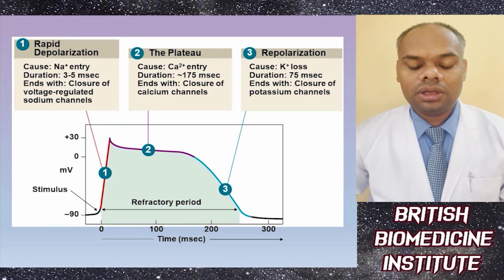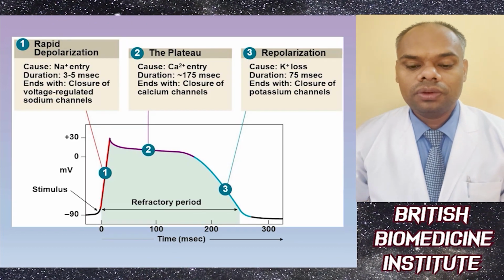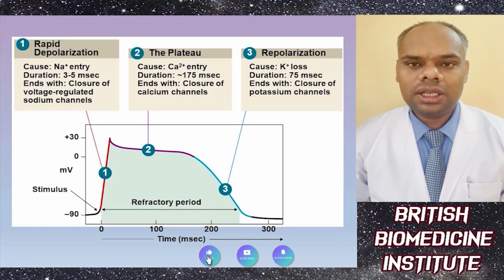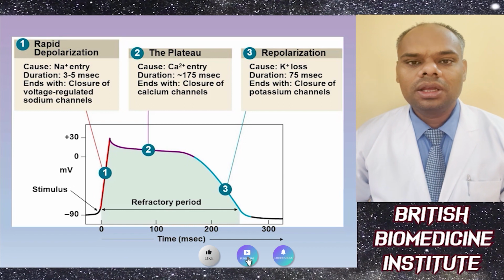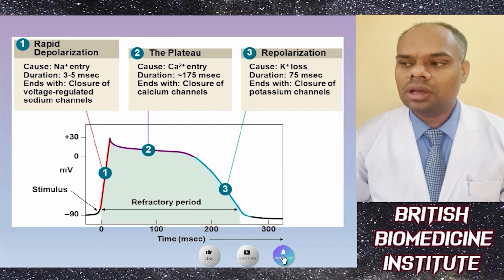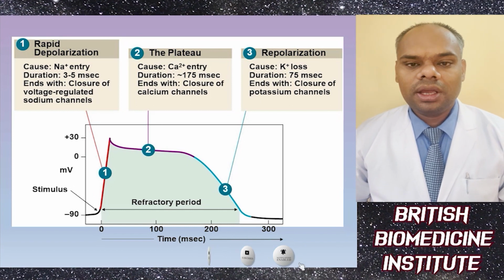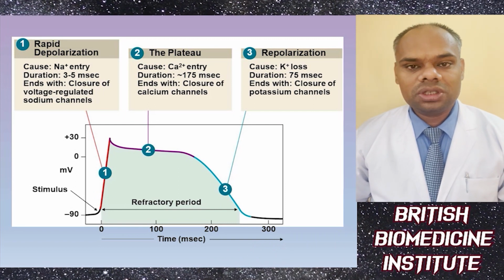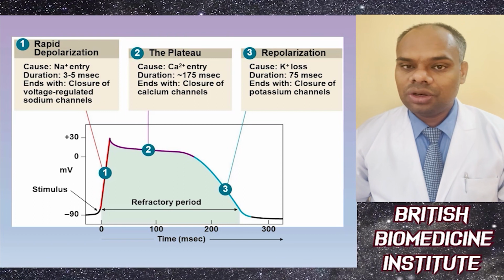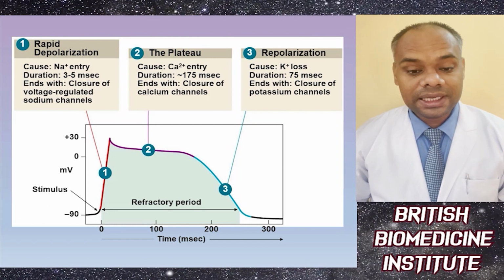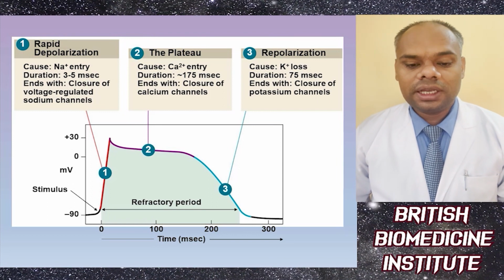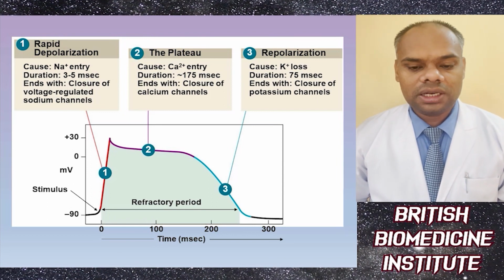So this is a diagram of where the blood is flowing through the heart, and the conduction is happening, where there will be a rapid depolarization. It will be caused by sodium entry, the duration is 3 to 5 milliseconds, and it will end with closure of the voltage-regulated sodium channel.